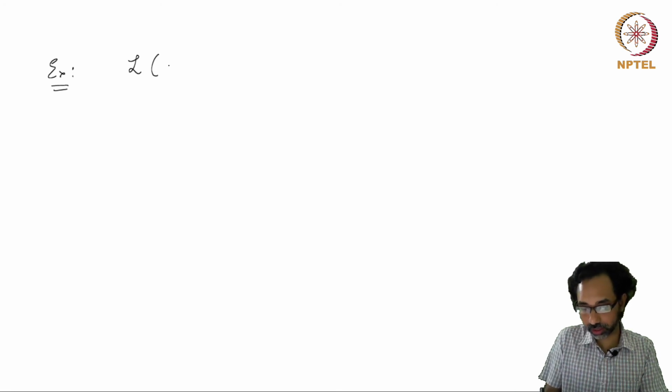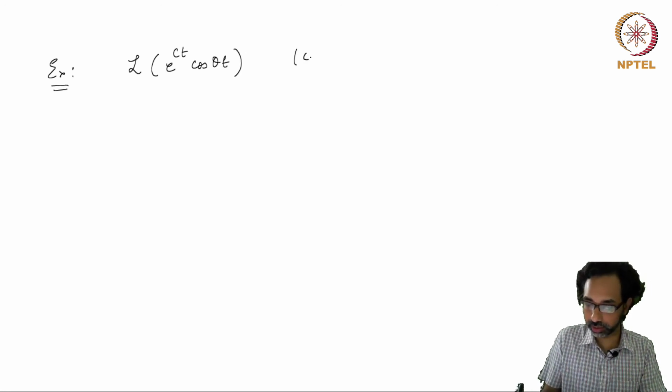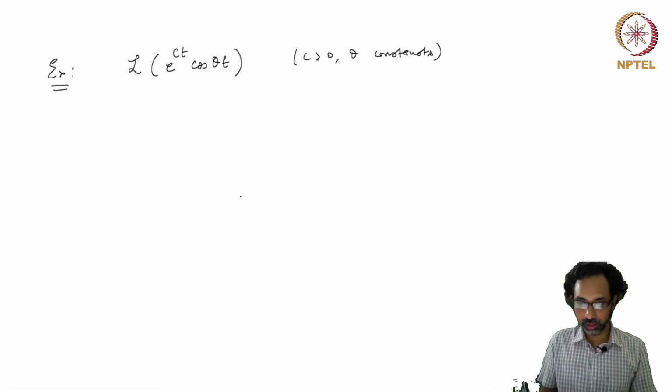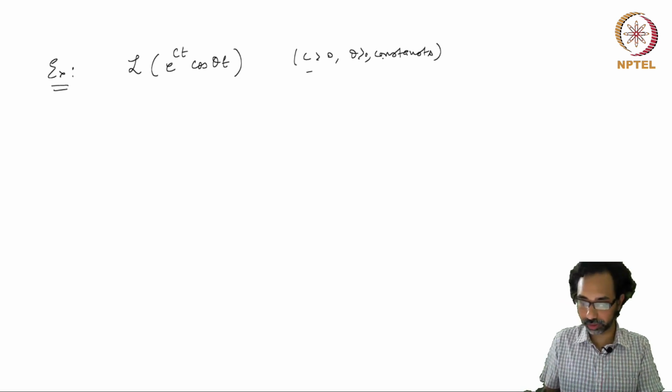So let's see another example where we can use the shifting property. Let's compute the Laplace transform of e to the power ct cos theta t, where c and theta are real constants. We are assuming both to be greater than 0.